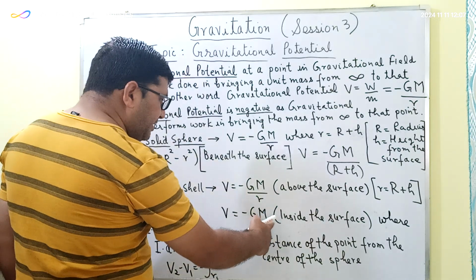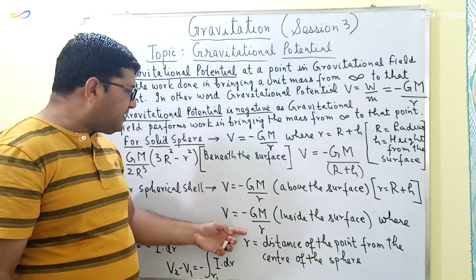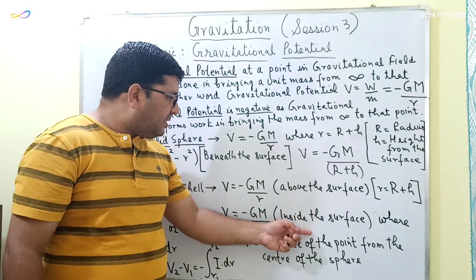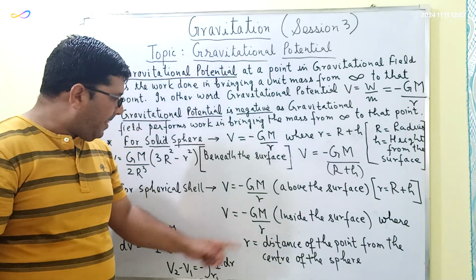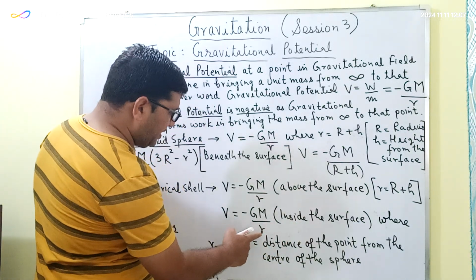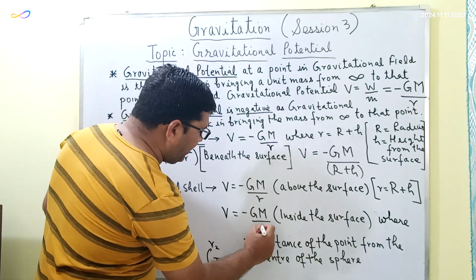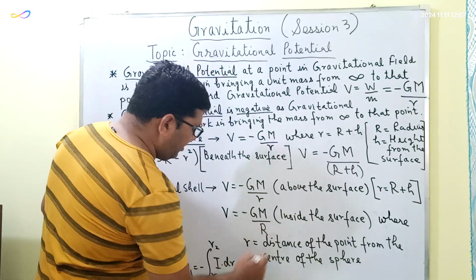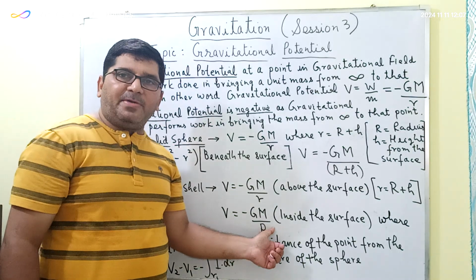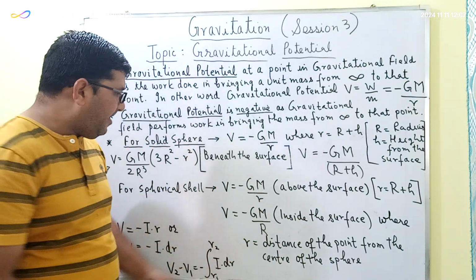So now in the case of the spherical shell, the gravitational potential inside the surface is equal to minus GM divided by capital R, where capital R is basically the radius of the spherical shell.